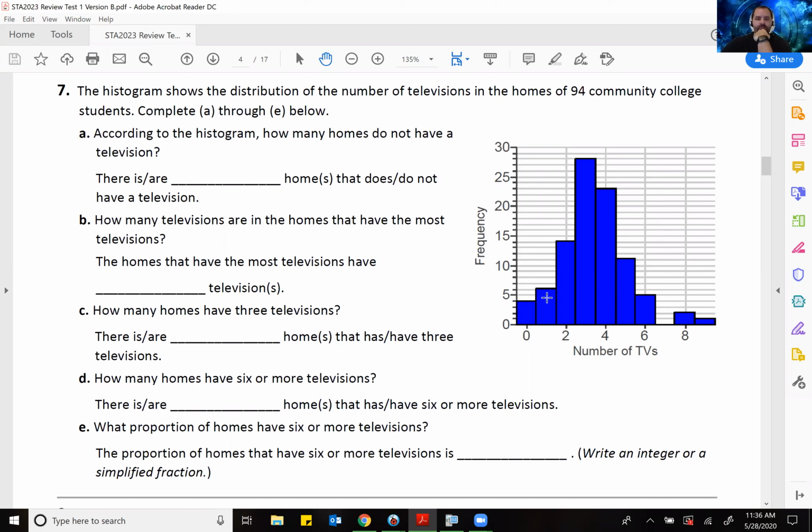Over here, B says, how many televisions are in the homes that have the most televisions? 3? 5? That's 6. Who has the most number of televisions?